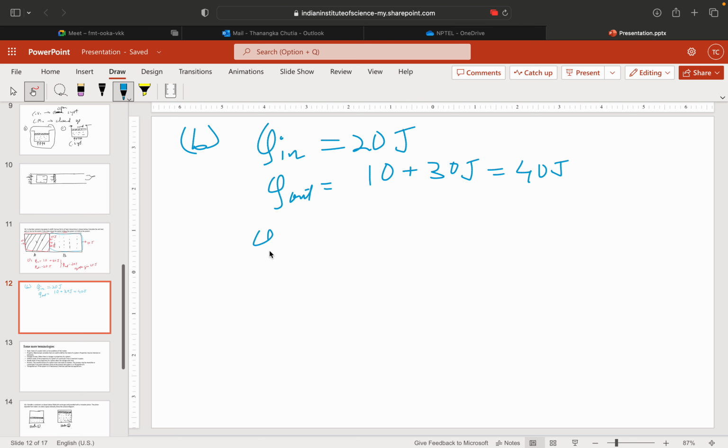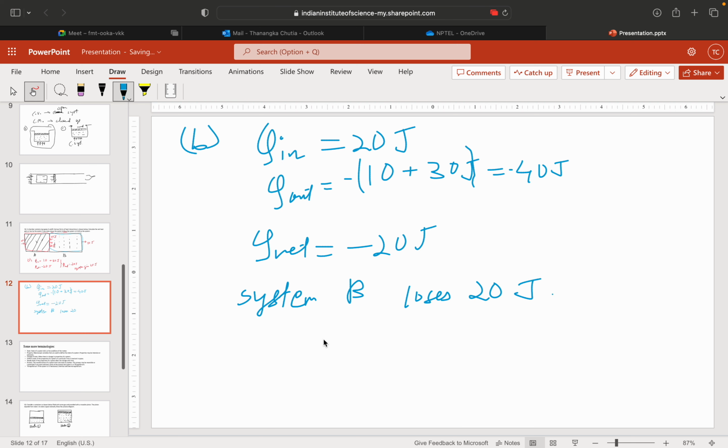So what will happen to the Q net? This will have a negative sign, since going out is always negative. So this will be minus 20 joule. What does this mean? This means that system B loses 20 joule.